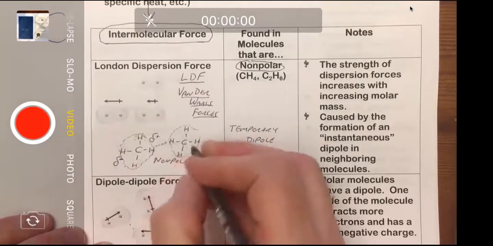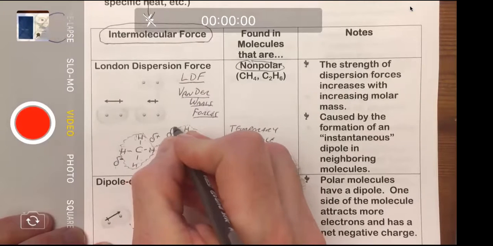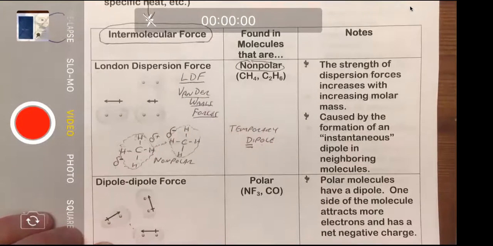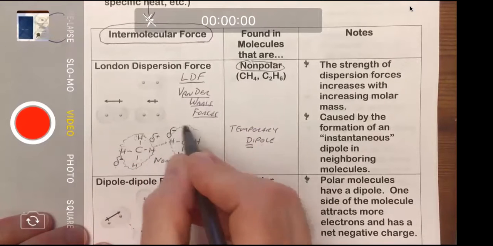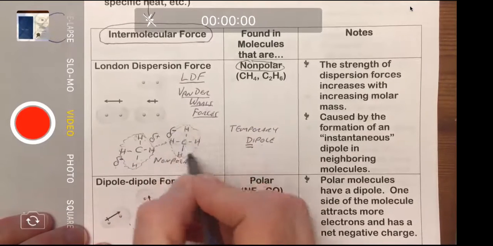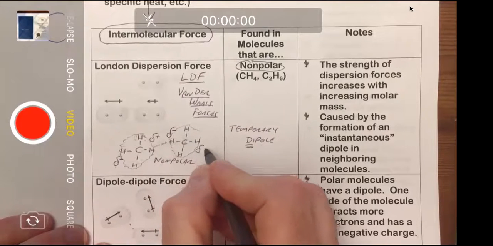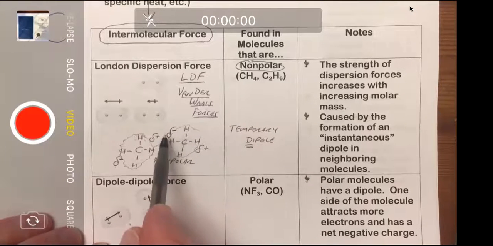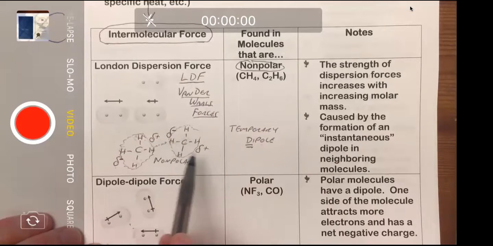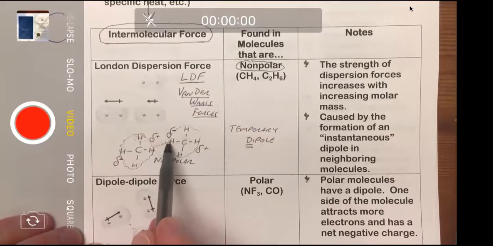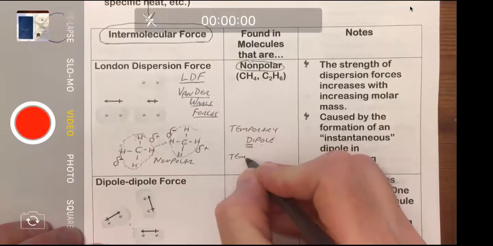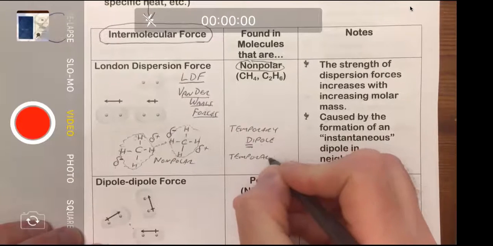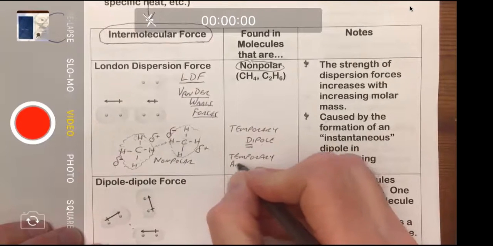So this guy's electrons would be like, oh, dude, I'm going to be close to you. So a temporary dipole here induces another dipole over here. So this molecule becomes negative on this side and positive on this side. Opposites attract. And so this interaction here is caused by the temporary arrangement of electrons.